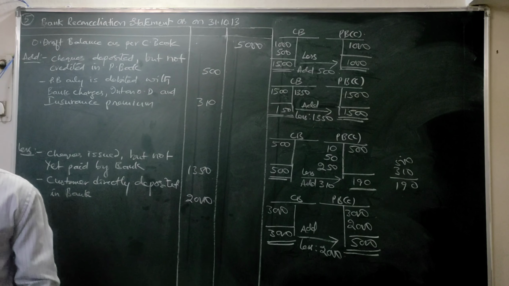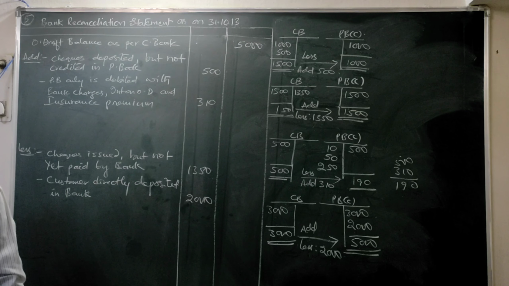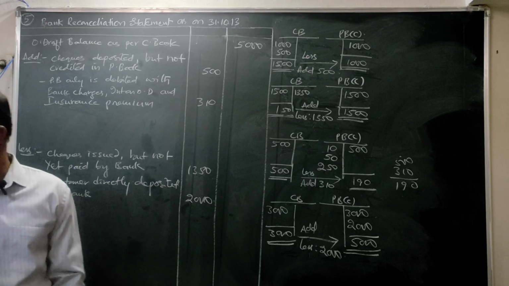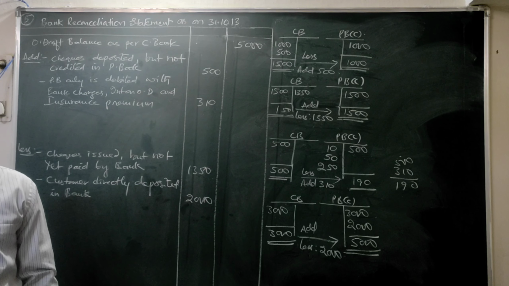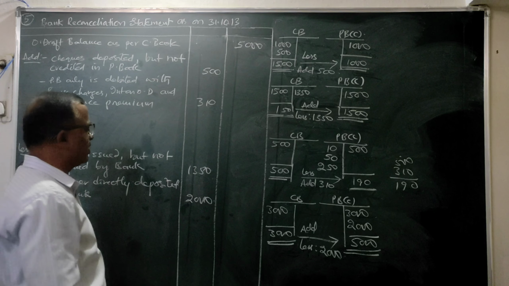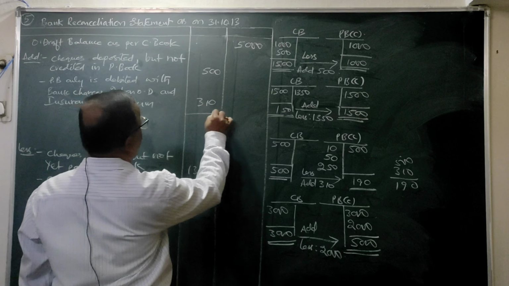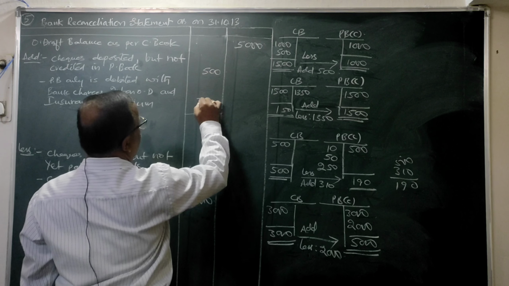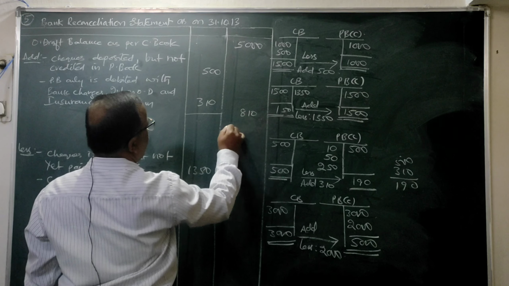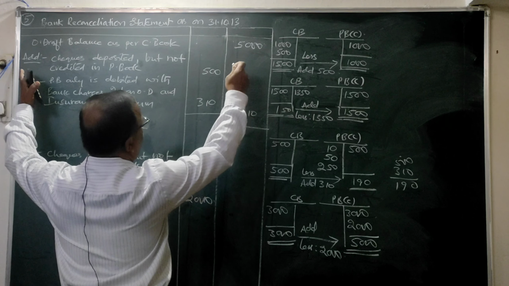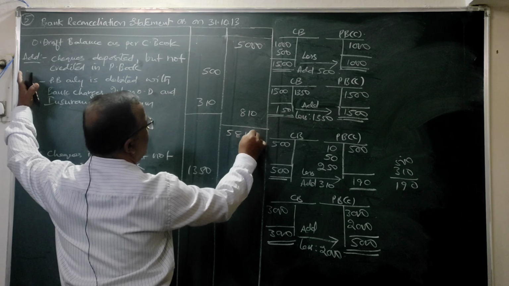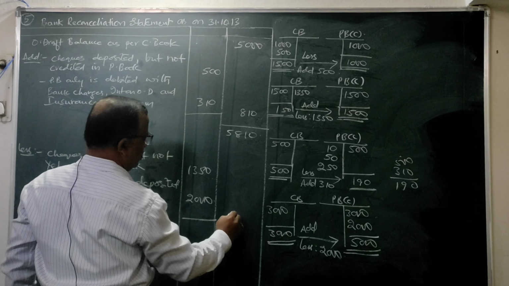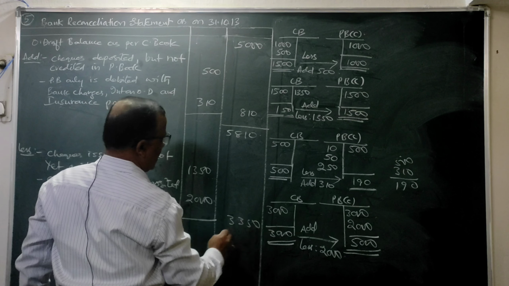Then further he says, but none of these items are yet appearing in the cash book. So prepare a bank reconciliation statement so as to show the passbook balance as on 31st December. So that's all. Add these two, so it will be 5, 6, 7, 8, 810 rupees. Again add these two, 5810. Add these two, 3350.